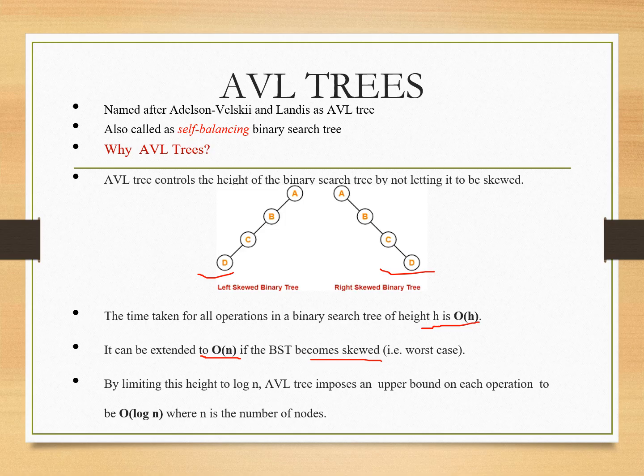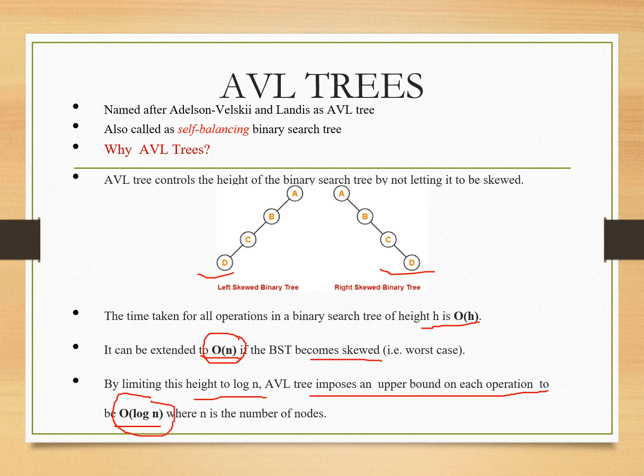When you limit the height to log n, the AVL tree imposes an upper bound on each operation of order of log n, which is much lesser than order of n. So from order of n, we are reducing the complexity to order of log n.